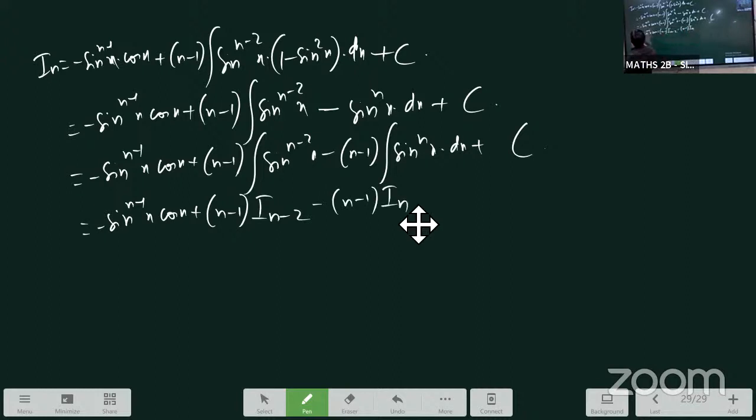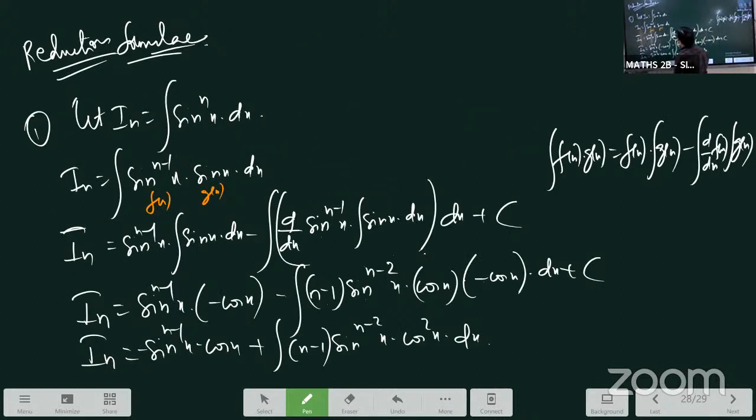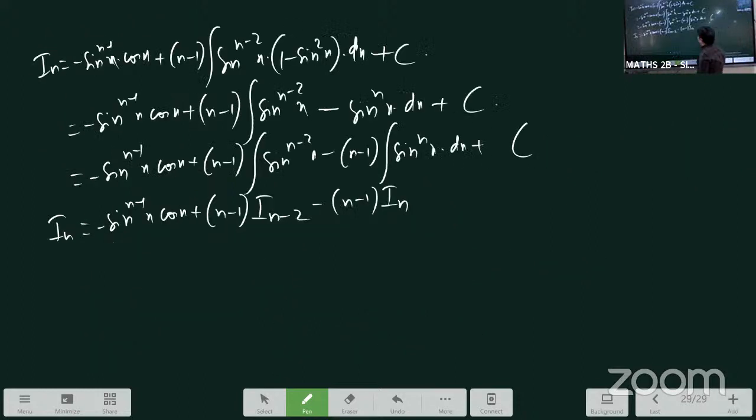Correct, no? Why? Because in the first itself we considered In is sin power n, then sin power n minus 2 becomes I(n-2), sin power n minus 1 becomes I(n-1). Is it clear? Like that.